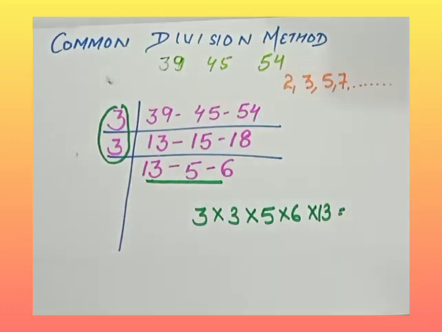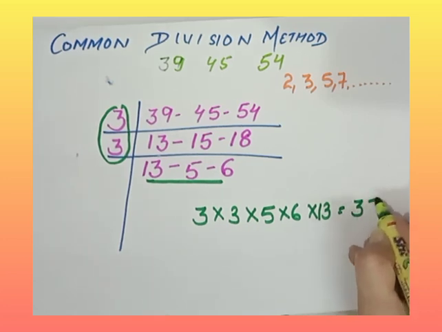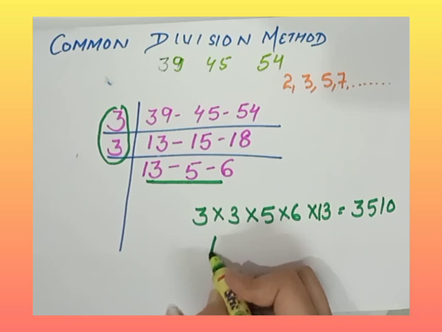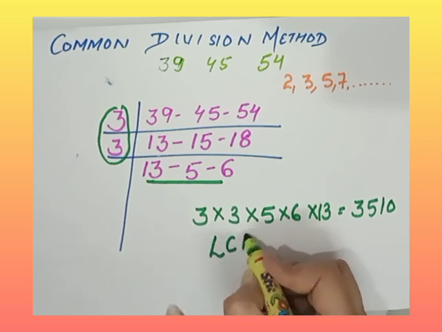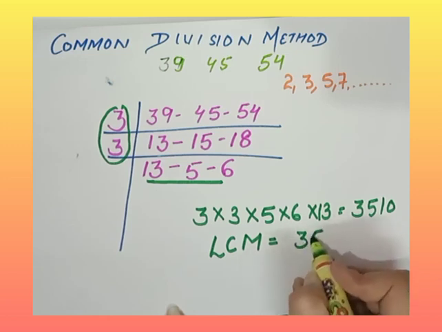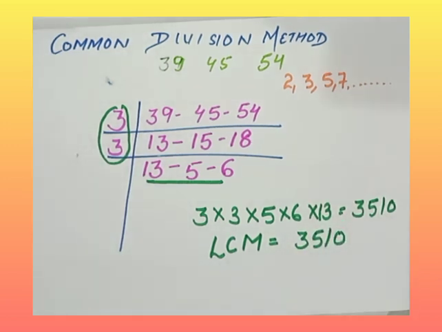We will multiply all these numbers: 45 multiply 6 multiply 13, and we'll get 3510. We'll get the LCM here as 3510. So what LCM are we getting? By the product of all the numbers we get 3510. So 3510 is the LCM of the numbers 39, 45 and 54.